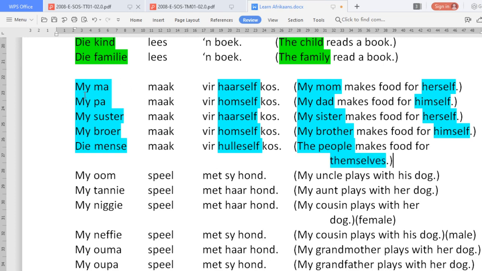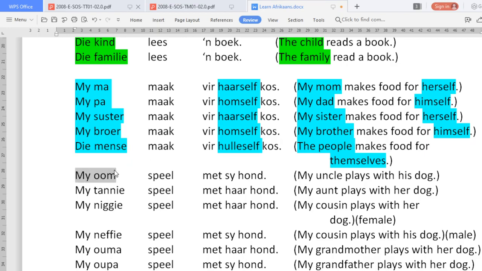Okay, let me just read through those again. My ma maak vir haarself kos. My pa maak vir homself kos. My suster maak vir haarself kos. My broer maak vir homself kos. Die mense maak vir hulle self kos.